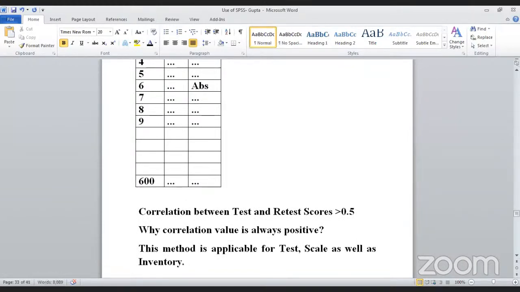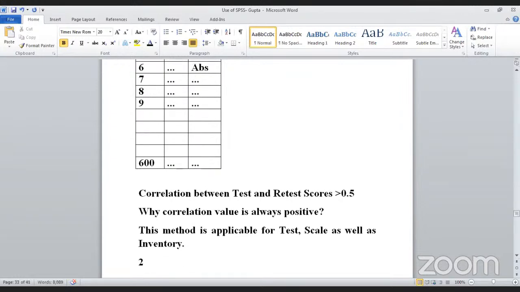Okay, so this is a very, very common method which people use in order to establish the reliability. The second method of establishing the reliability is the split half method, or it is also called odd even method.